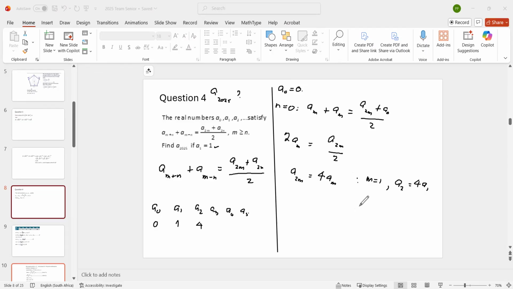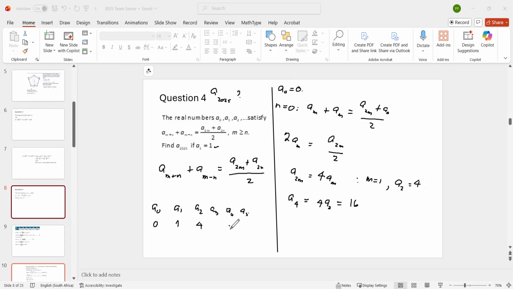A_1 is 1, so 4 times a_1 is 4. Right? And likewise, you can work out a_4, put m equals 2. So you get a_4, and m equals 2, so it's 4a_2. A_2 is 4, so you get 4 times 4 is 16.